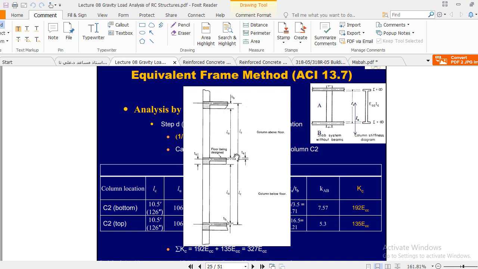Clear? You see here LC. So LC is this, LU will be equal to LC minus half of the slab from this side and half from that side, plus the width of the beam. Clear? So you will find your LU and LC.